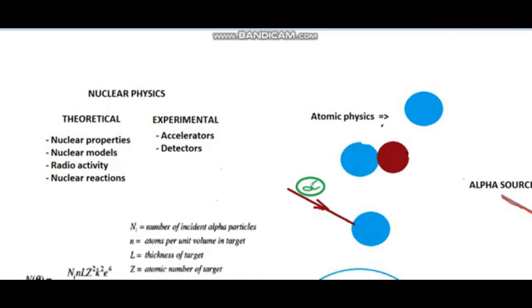Then we also cover the chain reaction, controllable and uncontrollable reactions, the nuclear reactors, etc. In the experimental part, we only consider detectors because only that is covered in your syllabus. Accelerators are not much in your syllabus, so it is not necessary. So it is only detectors we will be focusing on for this paper.